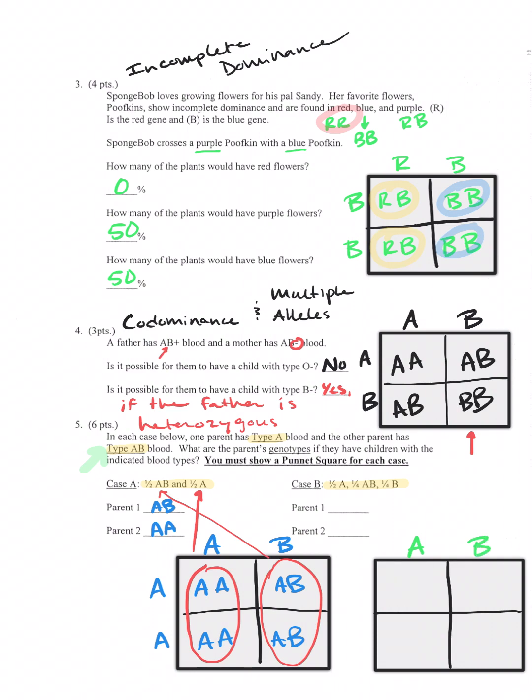And then the other parent has type A blood. We know that it's not AA because we just made that Punnett square and it does not give us any type B offspring. So the only other way to have type A blood is to have the genotype AO. And so this is most likely the genotype of our parent, but let's confirm by completing the Punnett square.